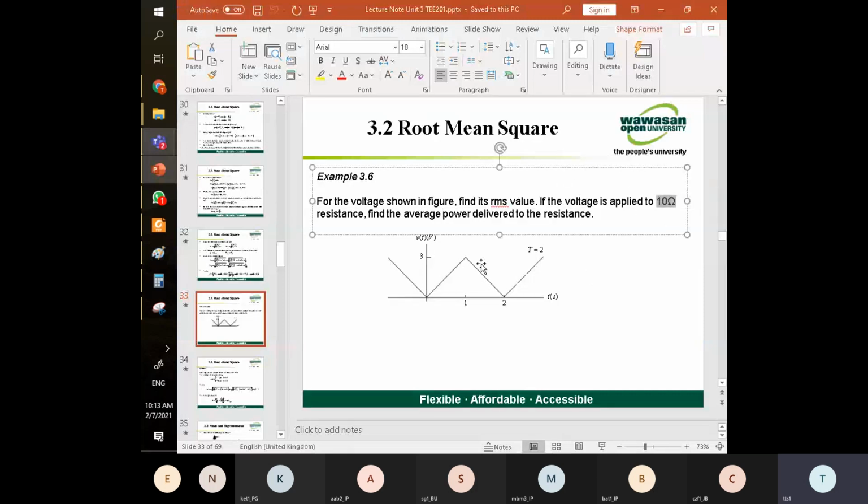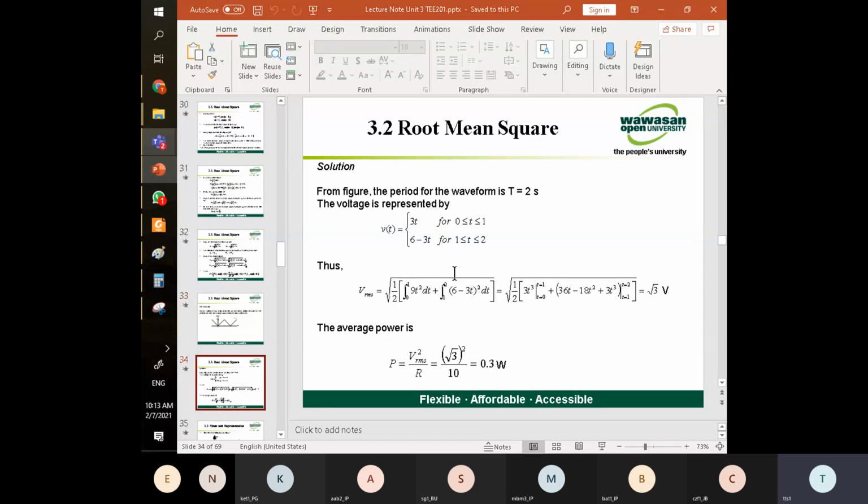First, we need to calculate the root mean square because this voltage is changing. The first step is to find the function for this rising curve, and then this is the descending curve, right? One is ascending, one is descending. You need to find the function for these two first, and then this just repeats later on.